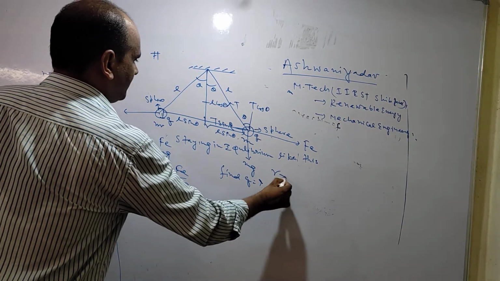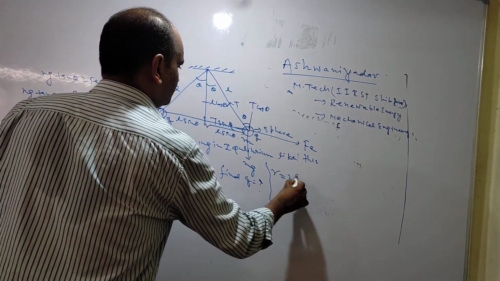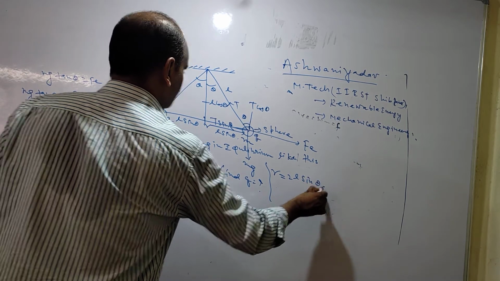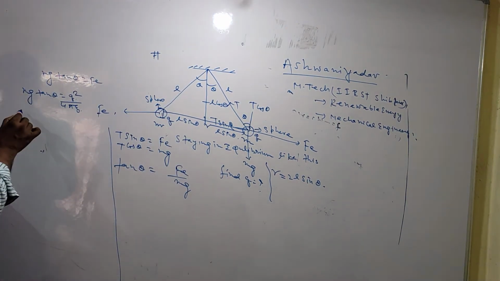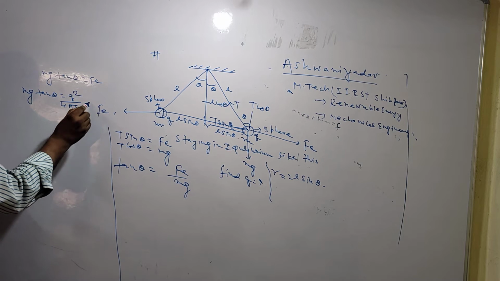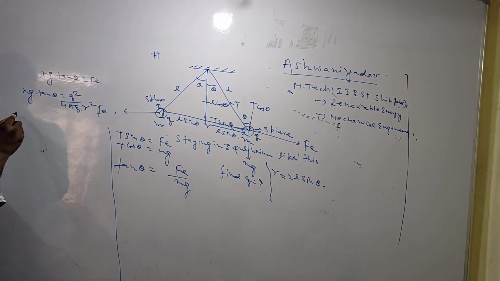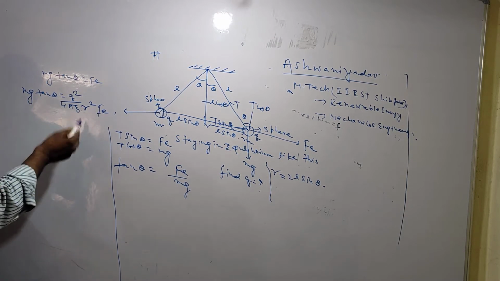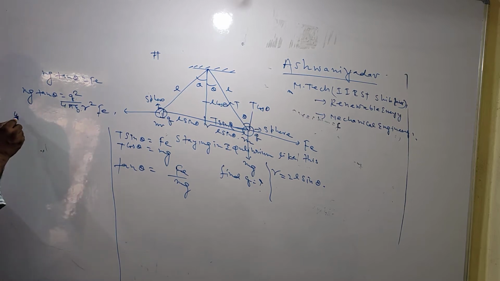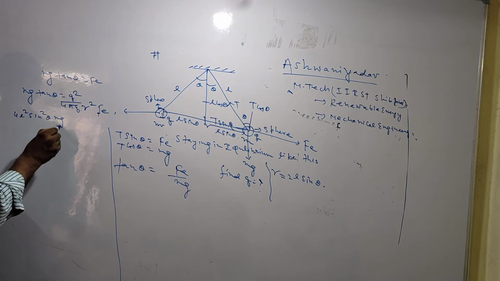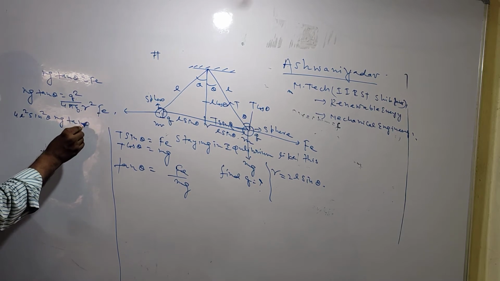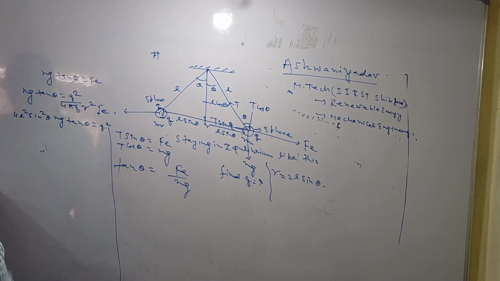So we have R is nothing but 2L sin theta. So R square is equal to 4L square sin square theta, and mg tan theta is equal to q square over that.